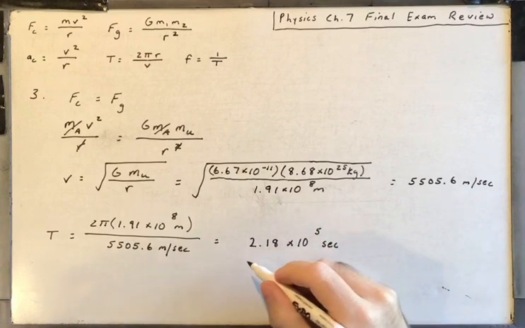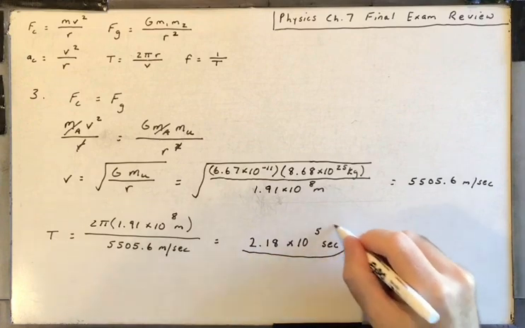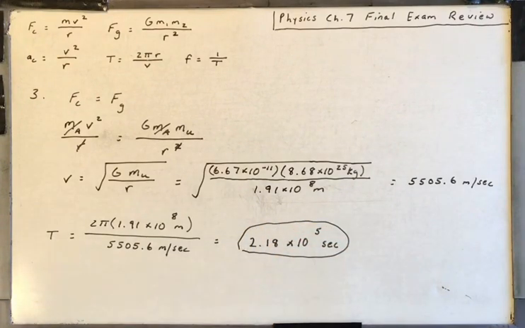And if you're interested, that's a little over 60 hours. But go ahead and give it to me in seconds. All right, so that's it for number 3. Let's try number 4.